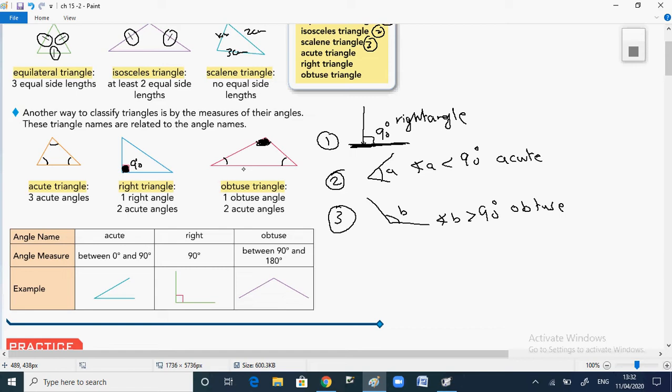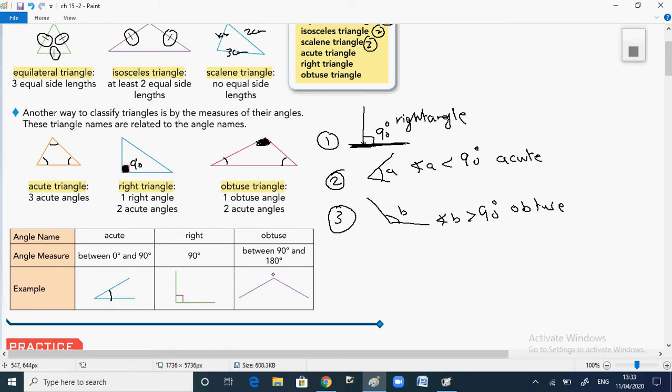Again, I have to keep in mind that I classify my triangle based on the sides or based on the angles. Based on the sides: equilateral, isosceles or scalene. Based on the angles: acute triangle, right angle triangle, obtuse triangle. Look here, between 0 and 90, if we have less than 90, this angle is acute. If we have exactly 90 degrees, this is called a right angle.